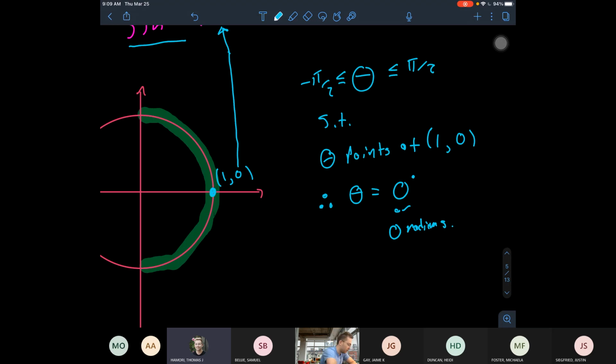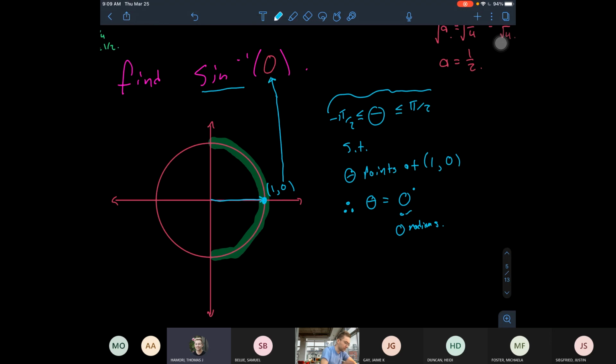Okay, we just have an angle here which is pointing directly to the right. That angle is measured from the positive x-axis. Well, the terminal side is also the x-axis, so the angle is 0. Or you could think of 2 pi or 4 pi or 6 pi, but none of those numbers satisfy the criterion that theta is in between negative pi over 2 and pi over 2. So in this case, our answer is 0.